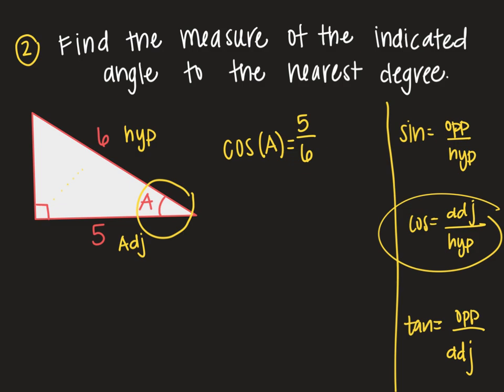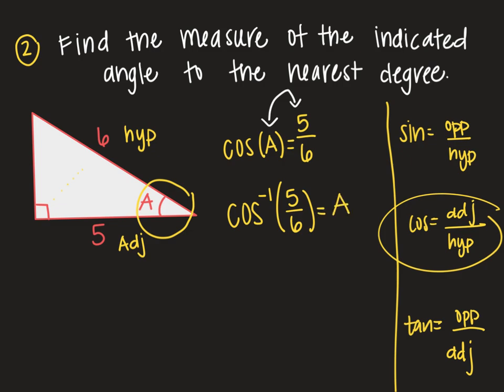Now, to find that angle like we did before, we're flipping our angle and our fraction, our ratio. I do that by using the inverse cosine function. So inverse cosine of the fraction 5 over 6 equals angle A.